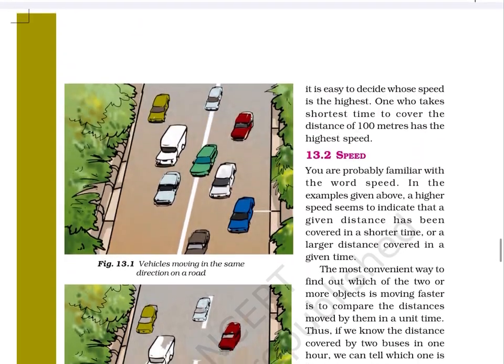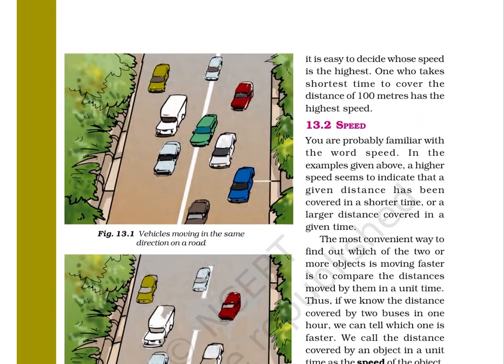Figure 13.1. Vehicles moving in the same direction on a road. Here we can observe a lot of cars. The first car is grey in color. Behind that is a car blue in color. Behind the blue car is a white car.